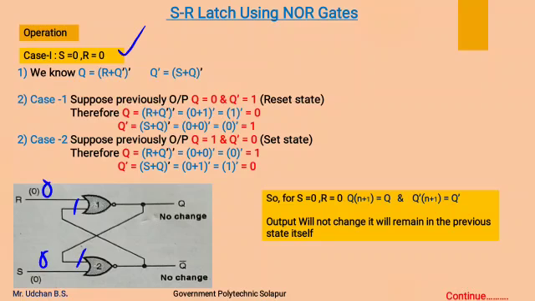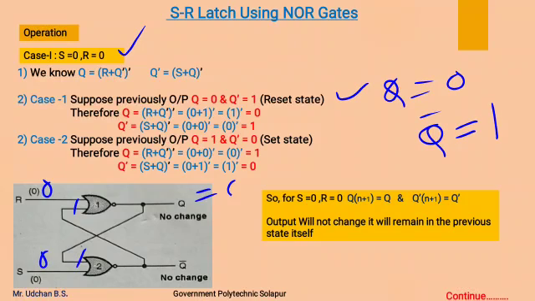Therefore, here we have considered previously the output of this circuit. Initially we have considered the output is in reset state, that is Q is 0 and Q complement is 1.